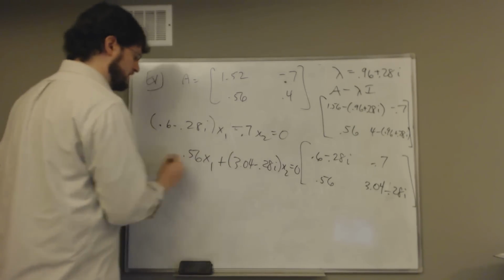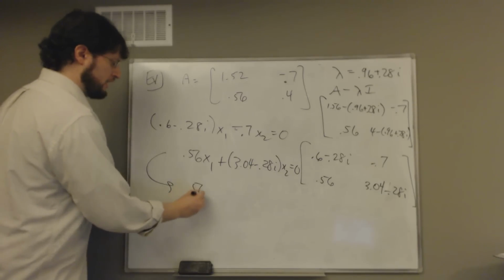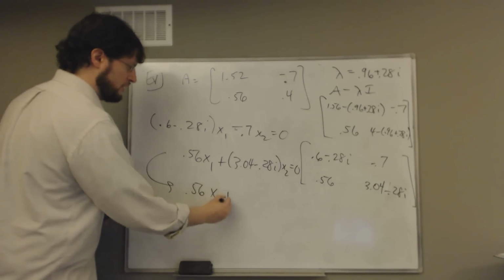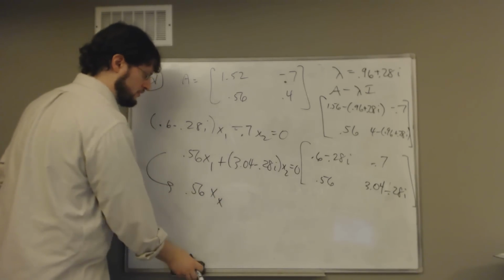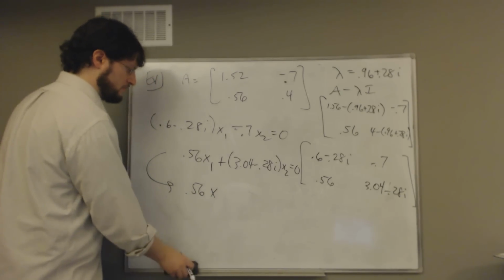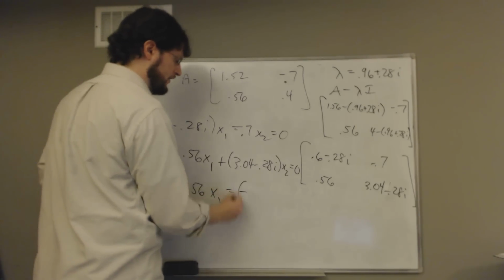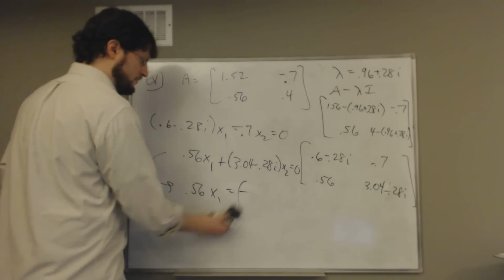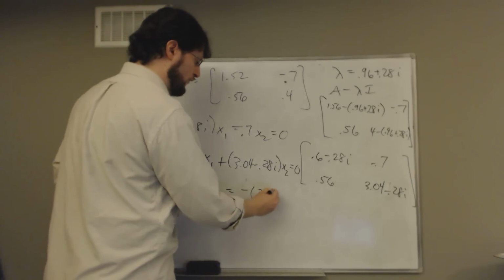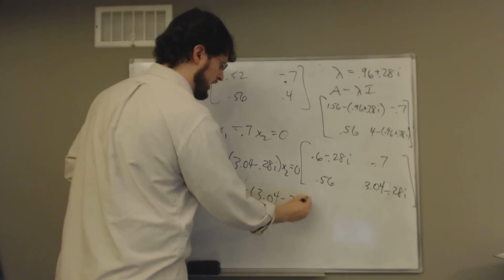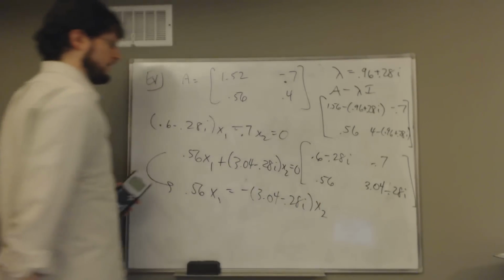Let's again go with the second equation. I get 0.56 x1 is equal to negative 3.04 minus 0.28i times x2.